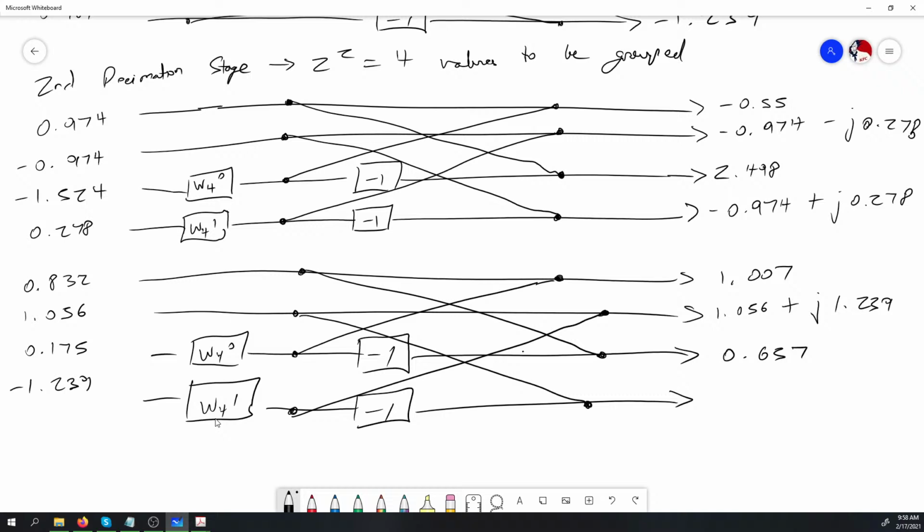And then similarly for this part here, this is 1.056 going across here. And then W4 of 1 here being -g, multiplied by -1 will give us +g. That's going to be multiplied by -1.239. So our result here is going to be 1.056 minus g 1.239.